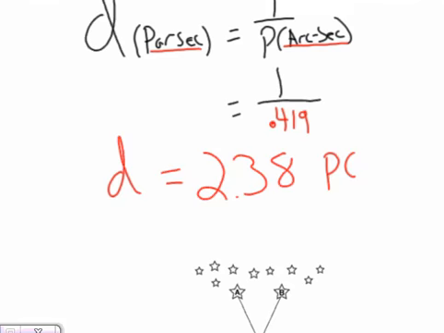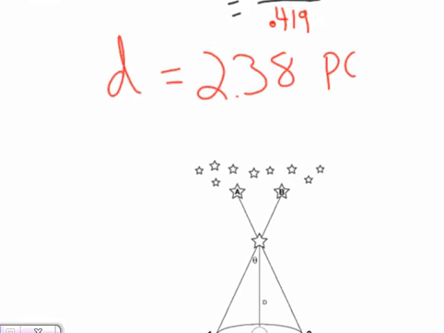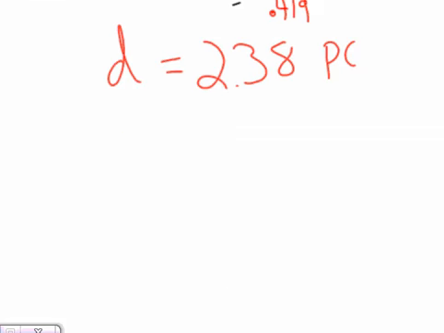Light years and parsecs are both distances, so all I have to do now is some unit conversion, and in the data booklet, they give you the relationship between parsecs and light years. Let me get to that real quick. There we go. I'm going to write it as a proportion, or a ratio.